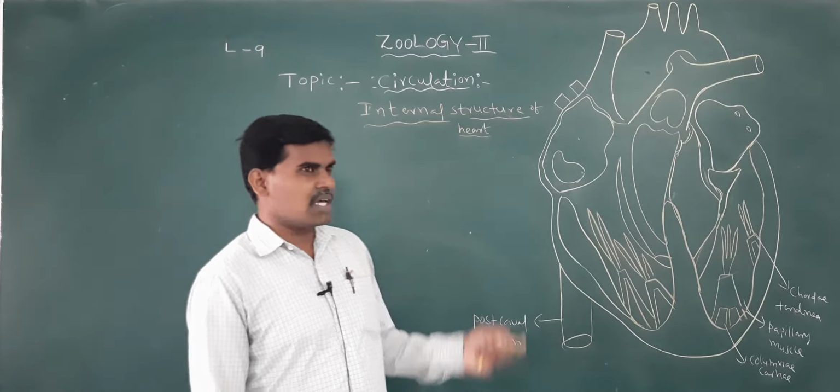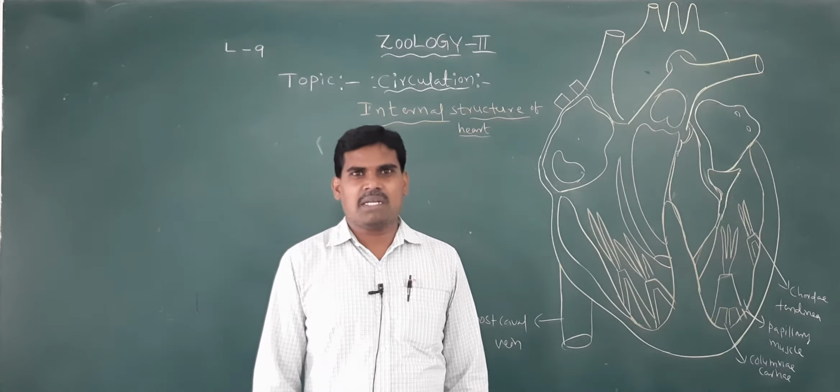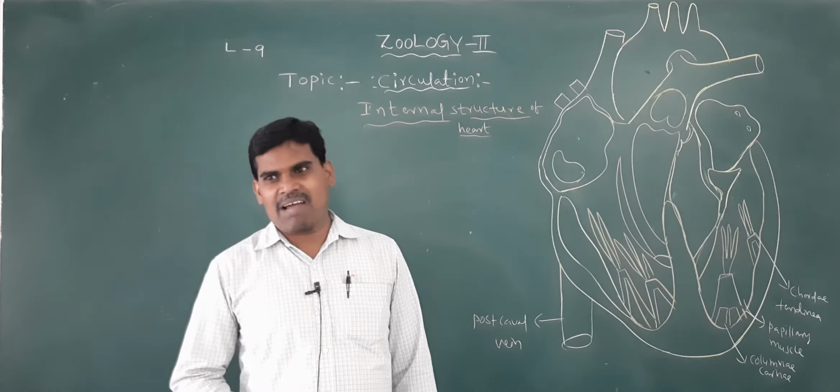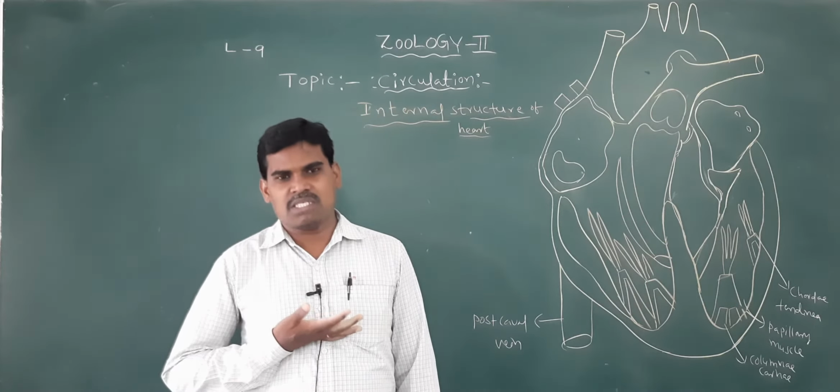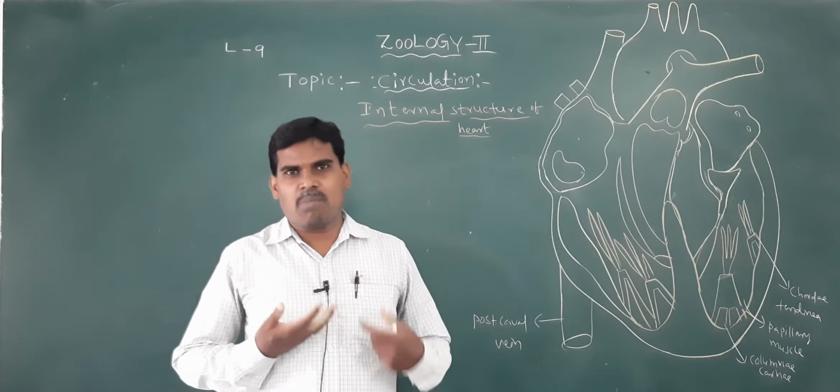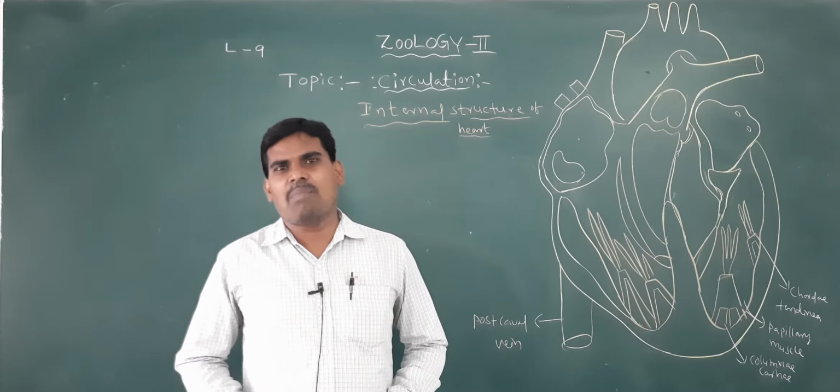Where is the heart located? The heart is located in the thoracic cavity. The diaphragm, behind the ribs, separates the two cavities: the upper part is the thoracic cavity and the lower part is the abdominal cavity.